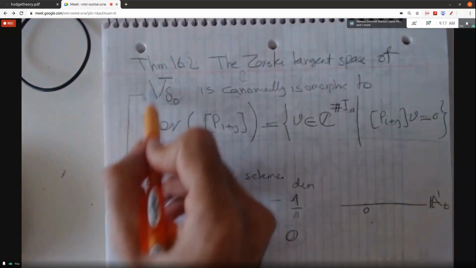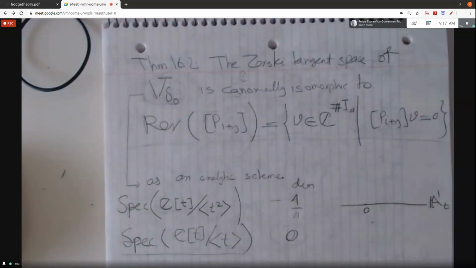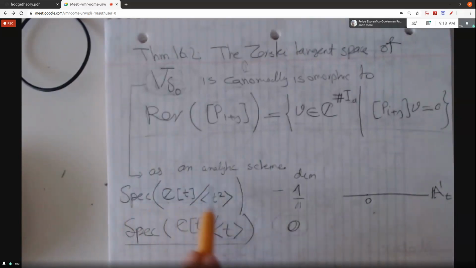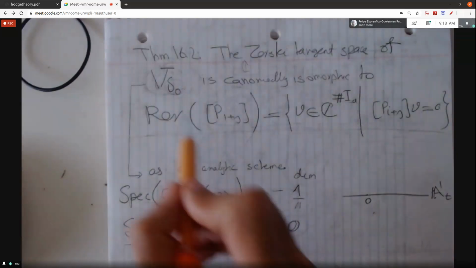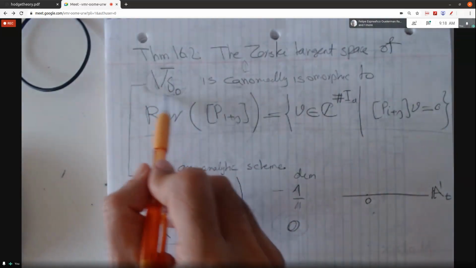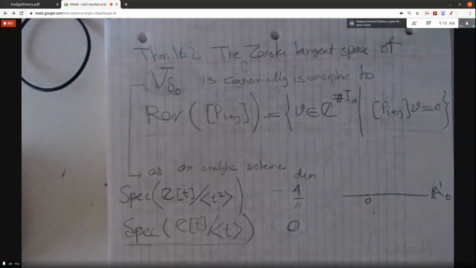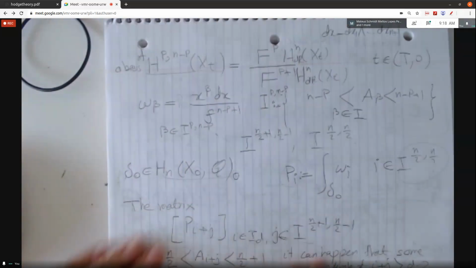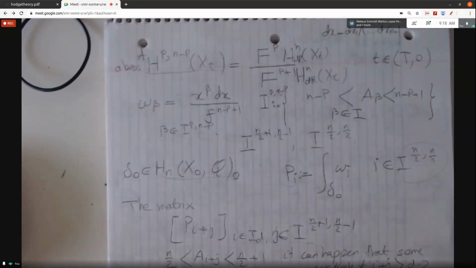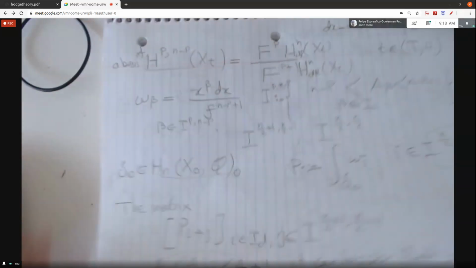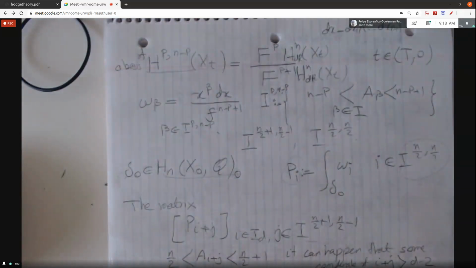So we are computing the Zariski tangent space of analytic schemes, and putting these examples from algebraic geometry, the tangent space of a scheme is different from the tangent space of the underlying variety. Anyway, in the proof of the theorem, we will get familiar with this V_{delta_0}. Okay, so let's go to the proof of this main theorem.